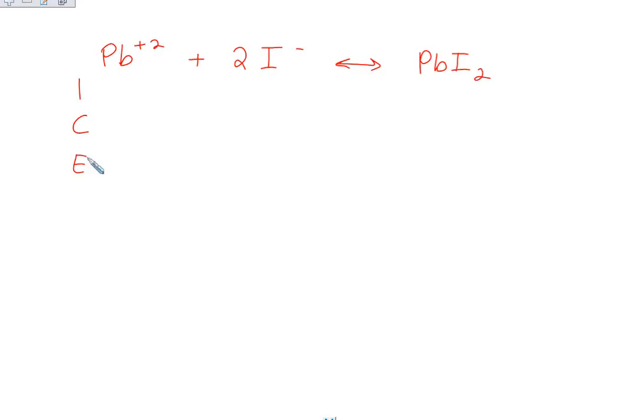So the lead was 0.0167. The iodine was 0.0667. And initially we don't have any of that solid, but now we confirmed that it will go forward and it will form precipitate.